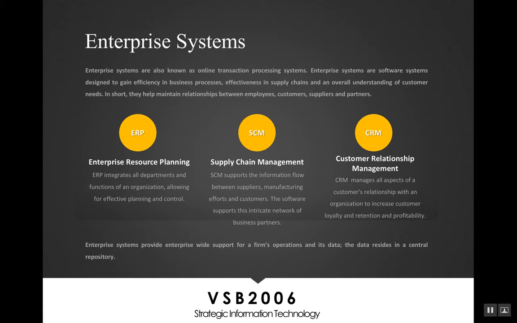So the idea is that these systems are focused on end to end, providing all of the different types of business processes that organizations would need, and to do it in an integrated fashion.